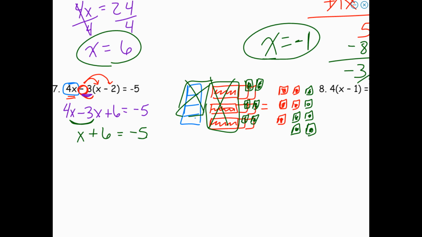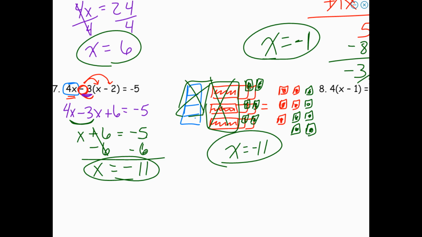Zero them out. 6 plus 5 is 11. So I've got negative 11. That's how many I have over there, right? When I drew it. So 1x equals negative 11. I was just showing it both ways. Some people still like to see the tiles. So I was just showing how it is the same thing.